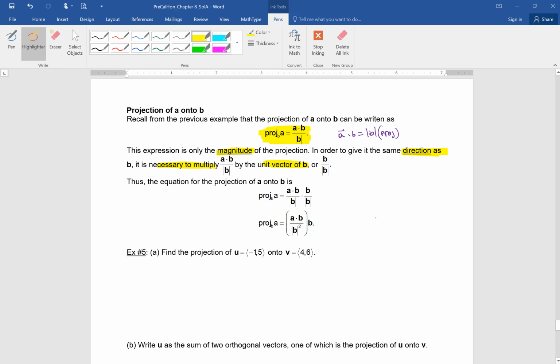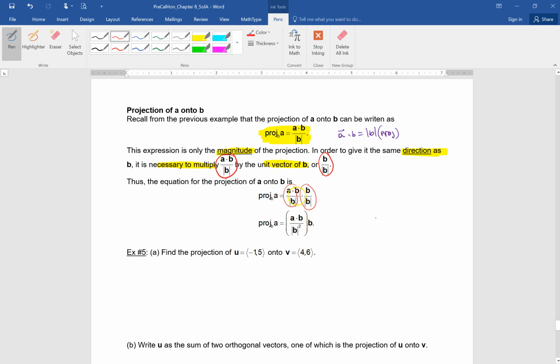So what was the expression for the projection? The projection was this. Now I have to multiply it by the unit vector for B, which is the vector over the magnitude. If I put those two together, what do I have here?